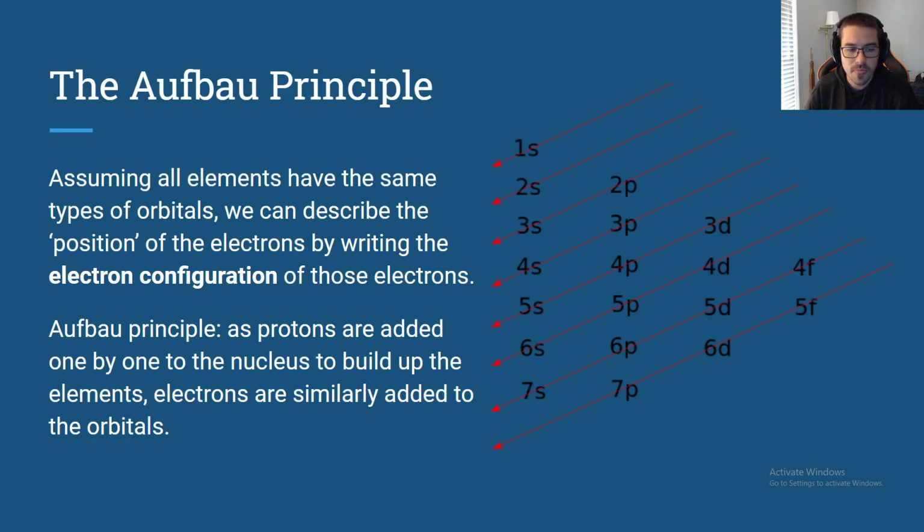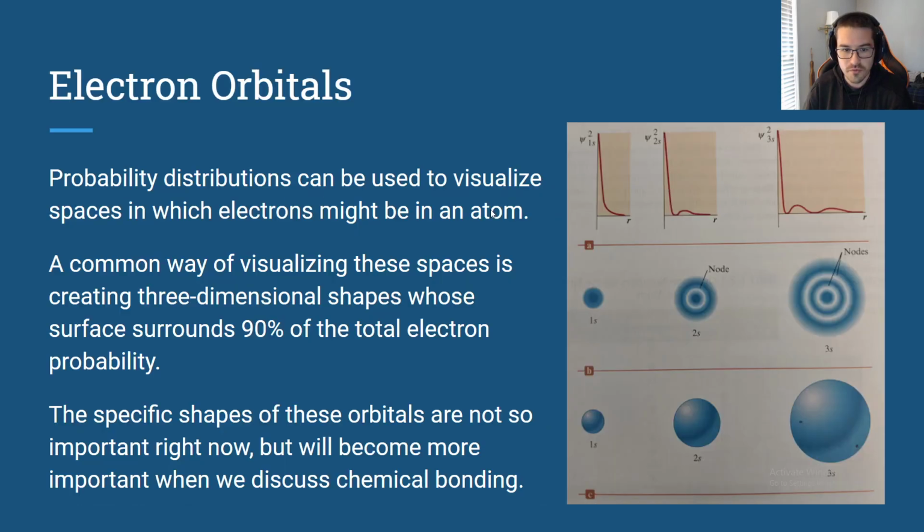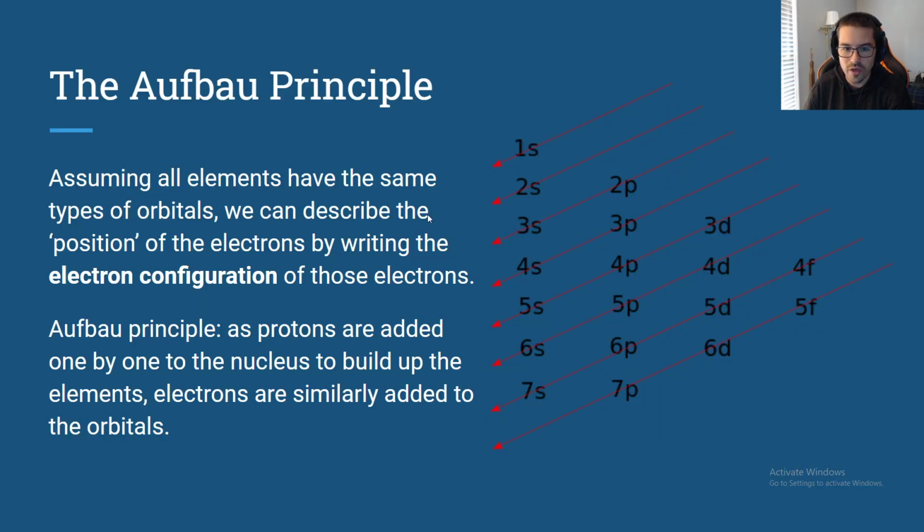orbital diagrams, okay? And there's a simple concept called the Aufbau principle, which is actually super simple. The name sounds more complicated than the principle itself that we're going to use, okay? So assuming that all elements have the same types of orbitals, all right, so these types of orbitals that we get through the mathematical probability distributions.